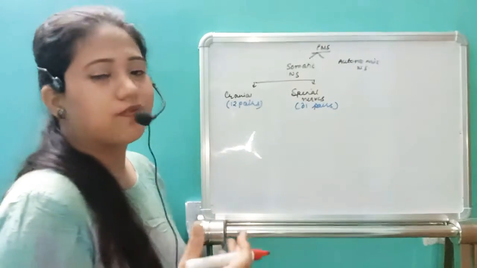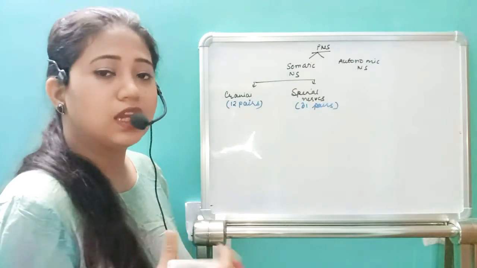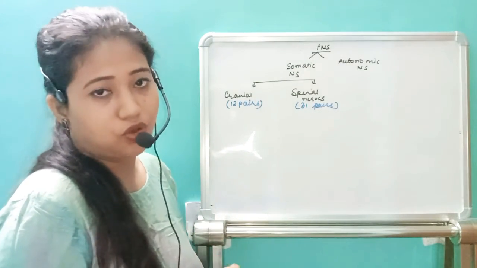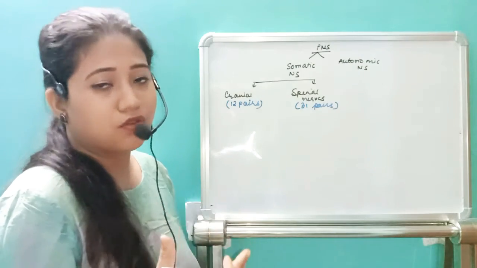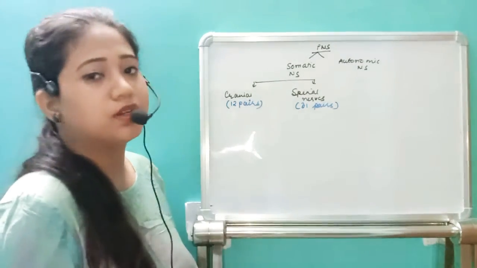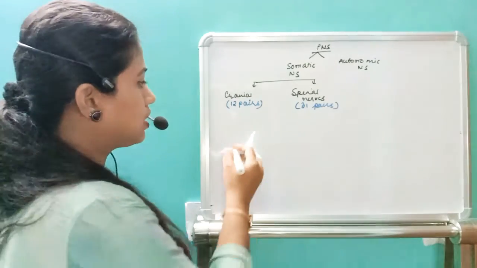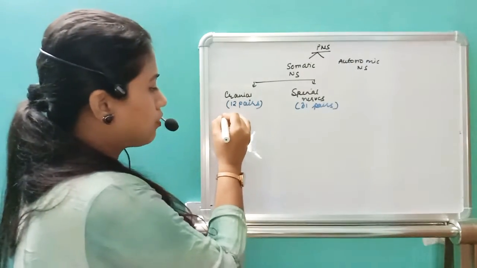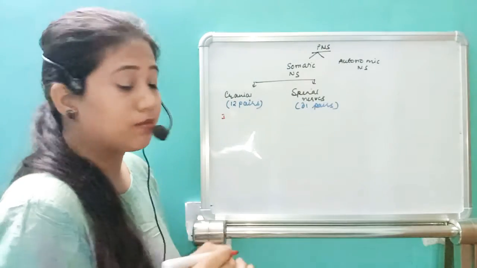If it comes to the function, you can take any book and you will get the functions of the nerves. So that part I will not tell you. I will just tell you how to remember the cranial nerves. One thing: these 12 pairs of cranial nerves you have to remember serially, one by one.